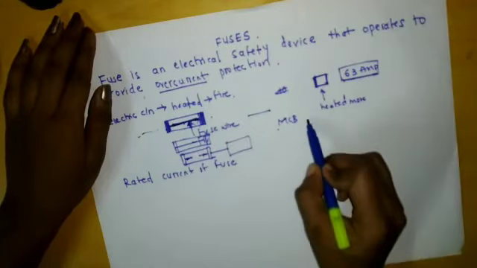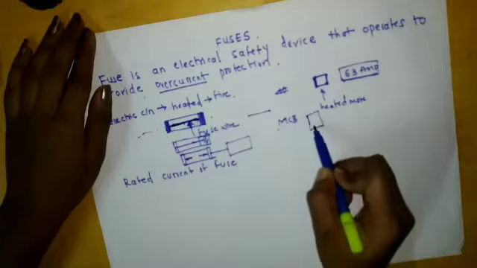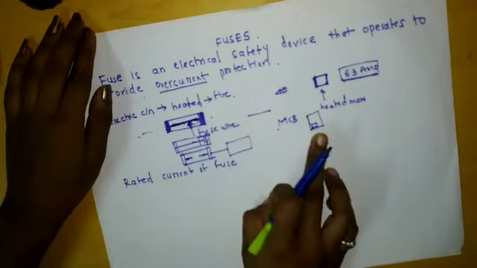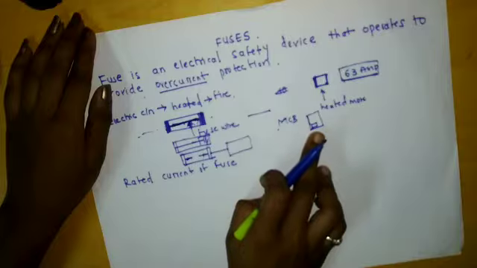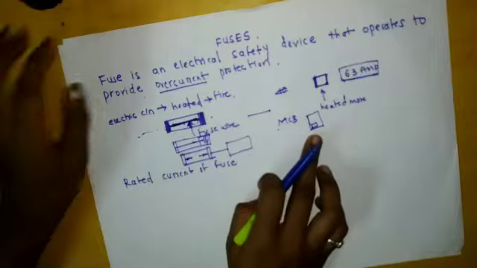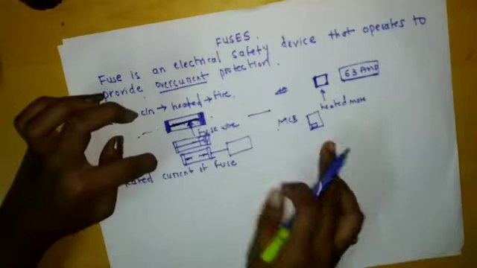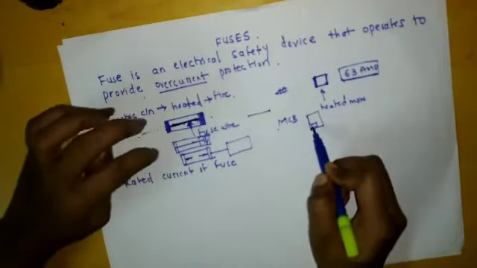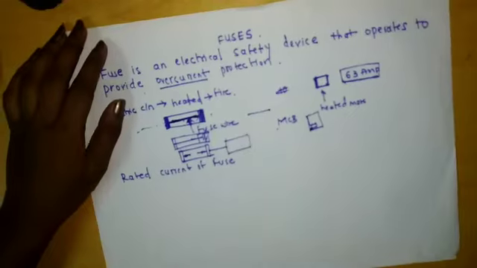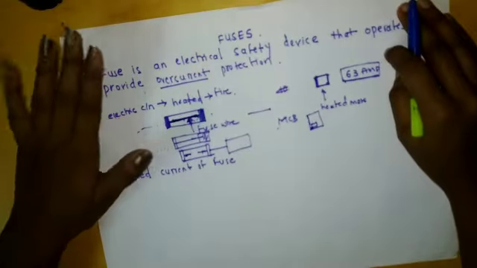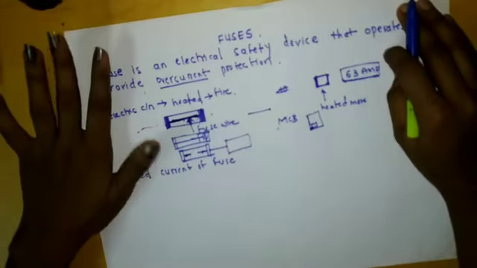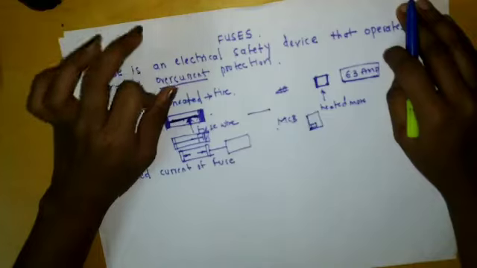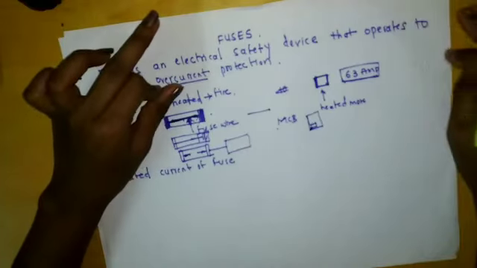So whenever we purchase a fuse, it has one current rating which is mentioned on it. So the current which is mentioned on the fuse is always the rated current. So the points that should be noted about the fuse: the fuse is put in the live wire, that is the positive phase in the main board.